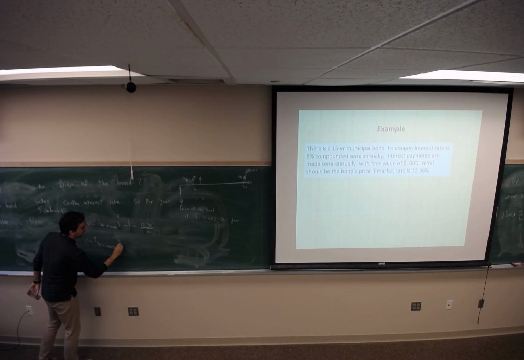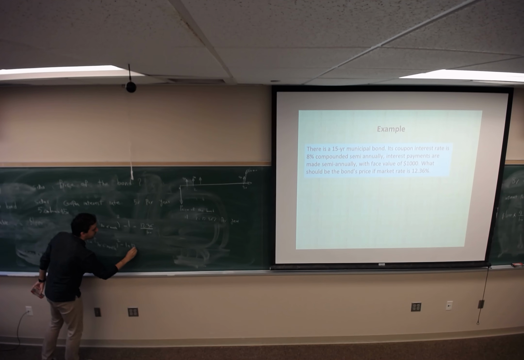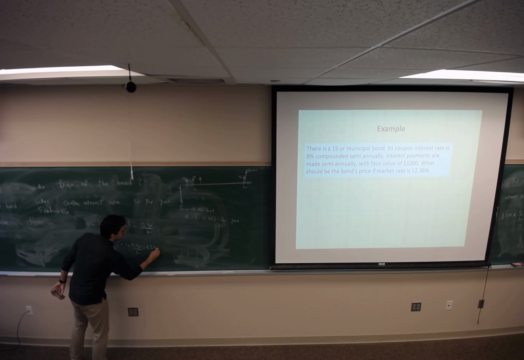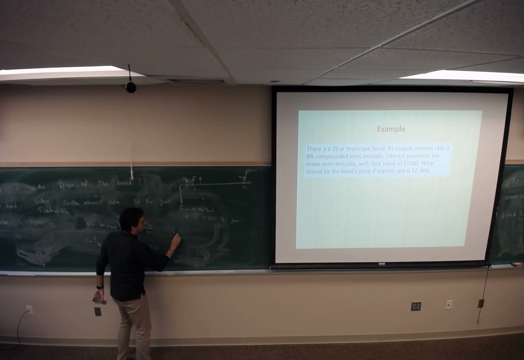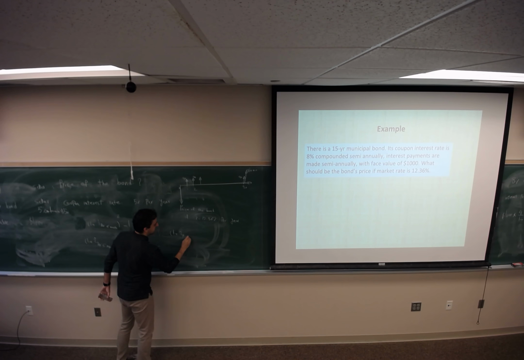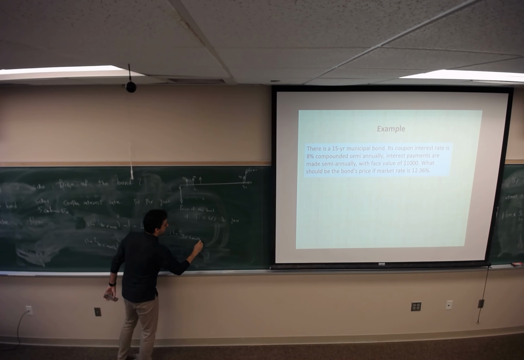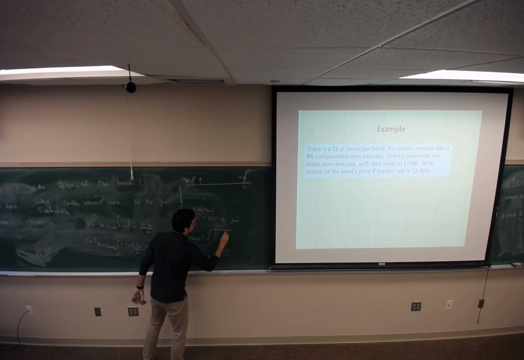equals 1 plus 12.36%, or 1.1236. 1 plus i per 6 months is going to be the square root of 1.1236.